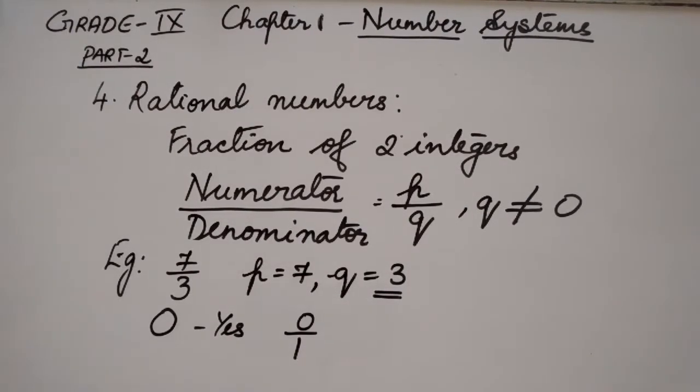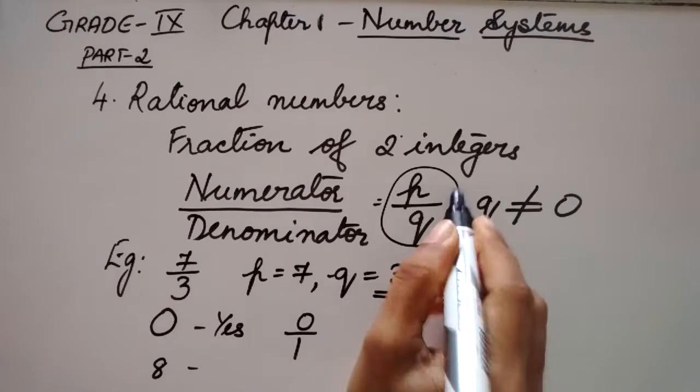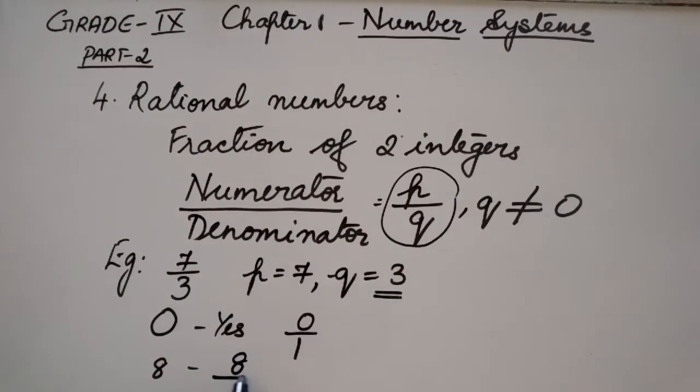Okay, one more example. What about any number? For example, I will take the number 8. So 8 can also be converted into a rational number by writing it in the form P by Q. So how can I write 8 by 1? Here P is equal to 8 and Q is equal to 1.